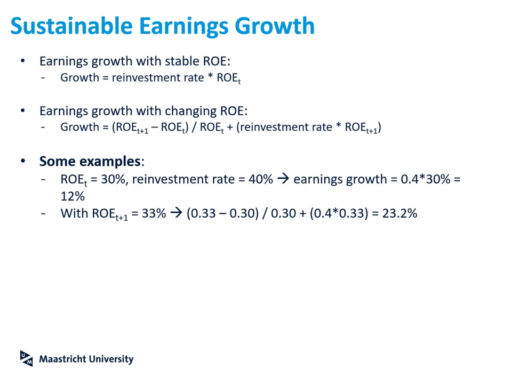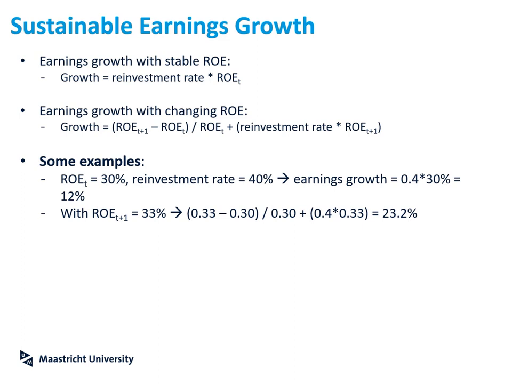And that's this second source of earnings growth that you will see here, where the ROE is going to go from 30% to 33%. And divided by the 0.30, that will tell us the growth that we have because of having a changing ROE on our existing asset base.